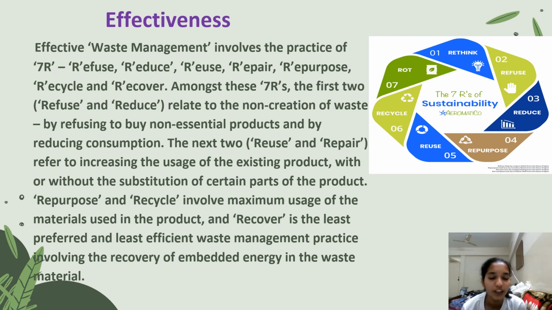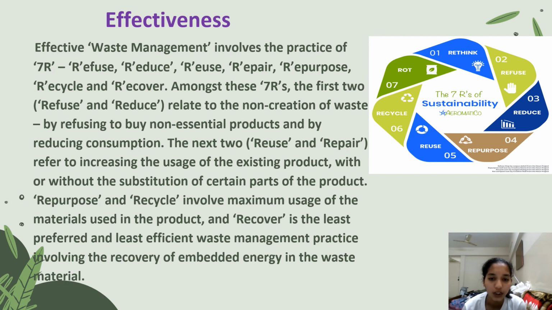Effectiveness. Effective waste management involves the practice of 7R: refuse, reduce, reuse, repair, repurpose, recycle, and recover. Among these 7Rs, the first two, refuse and reduce, relate to non-creation of waste by refusing to buy non-essential products and by reducing consumption.